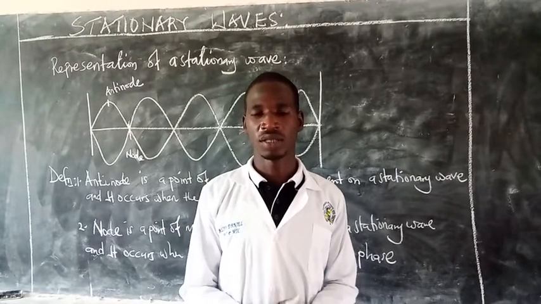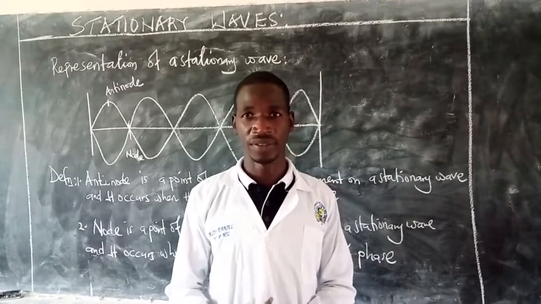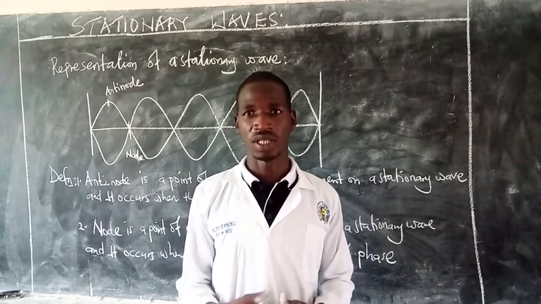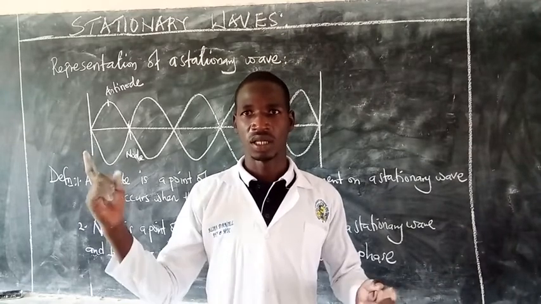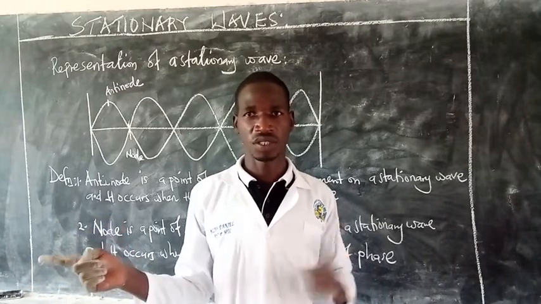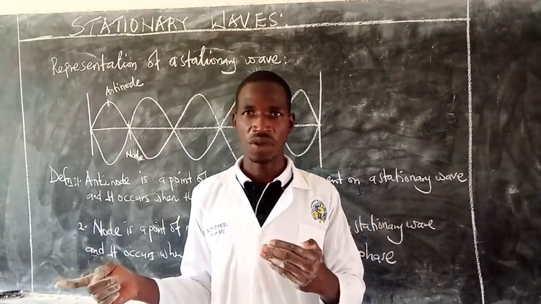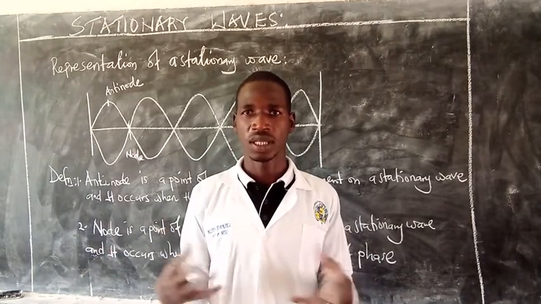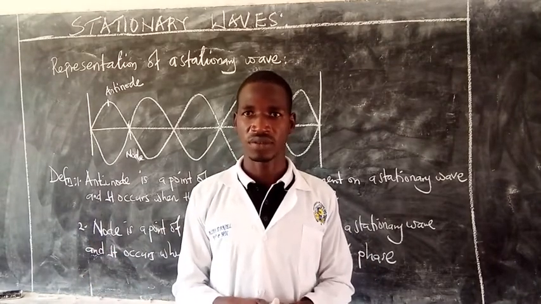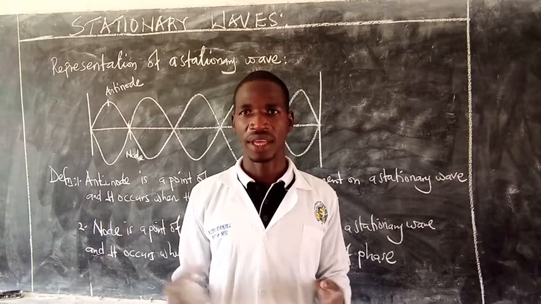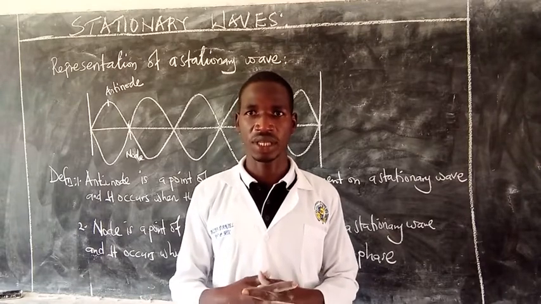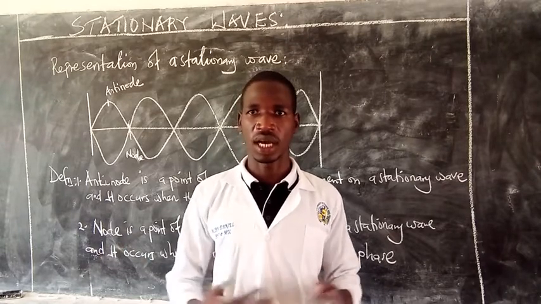Let's look at the representation of a stationary wave. As earlier discussed, if a progressive wave is traveling from left to right, then the other one must be traveling from right to left. When they superpose, then we shall have stationary waves. I told you that it's characterized by antinodes and nodes.